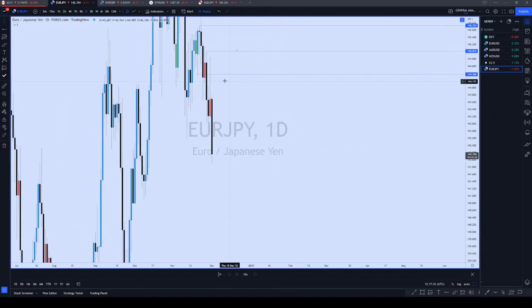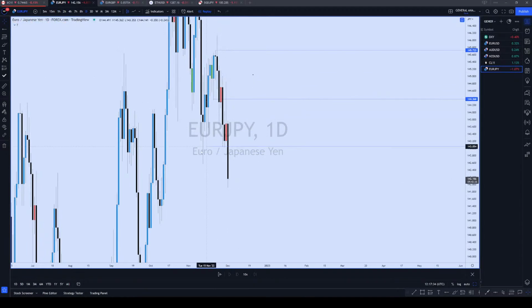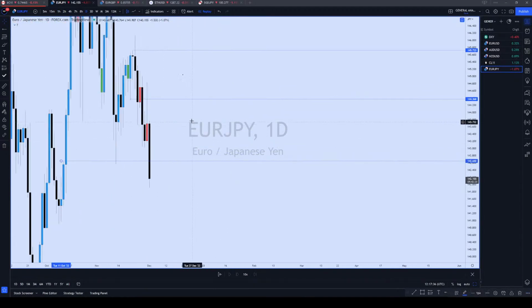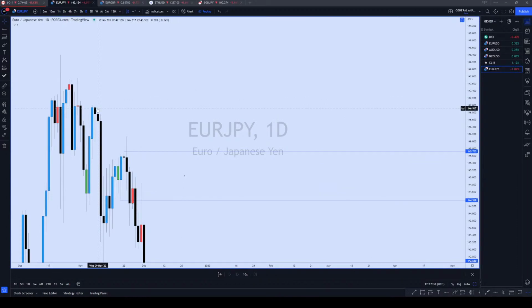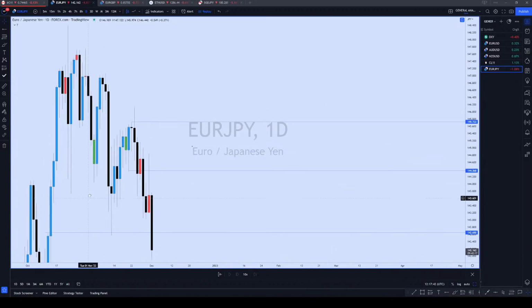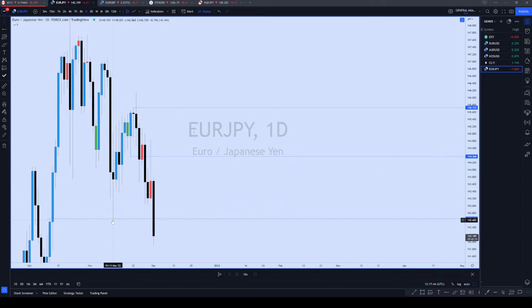Say for example, we traded Monday up here. We traded Monday, Tuesday up here, Wednesday, and then Thursday hits this level. When that happens, then you can anticipate Thursday being a low of the week.